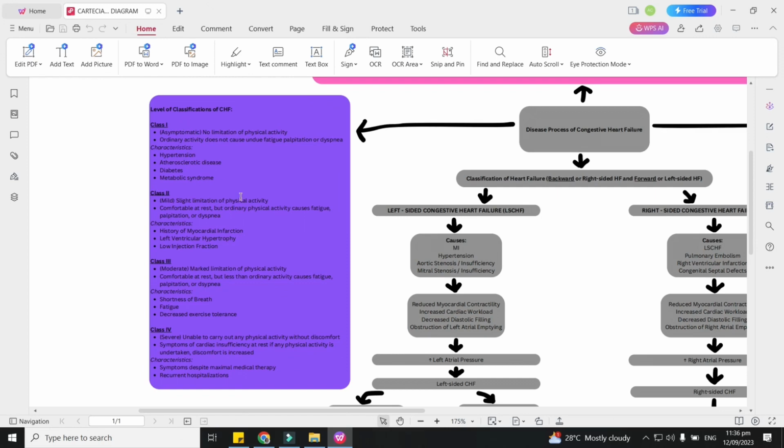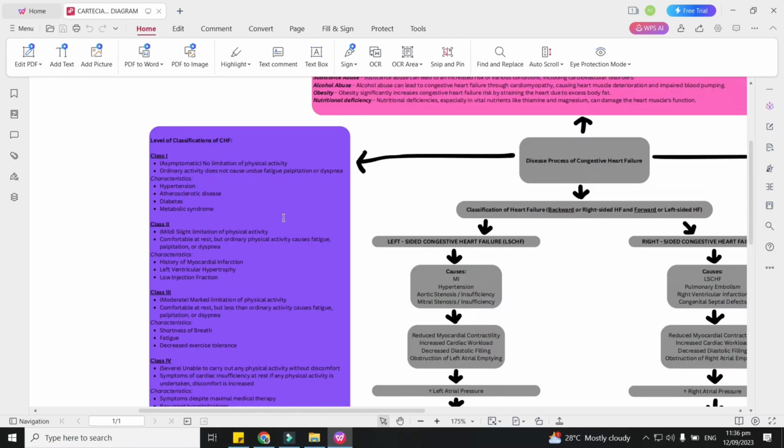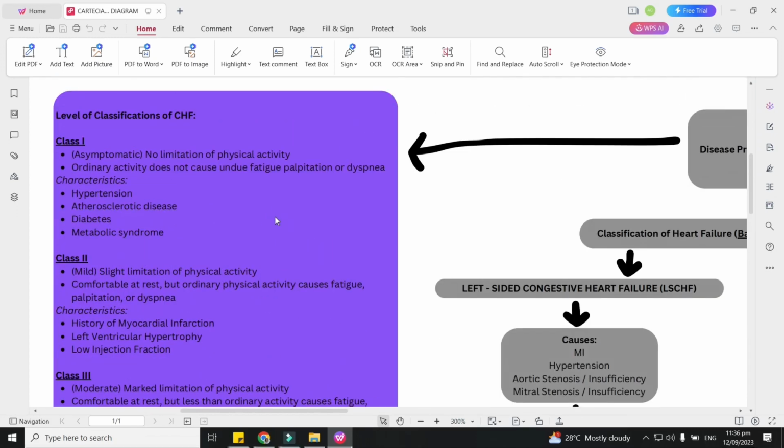Because this is the most used, of course, but we also have stage A, B, C, and D from the American Heart Association. So there are also a lot of websites or associations that we can base these things on.